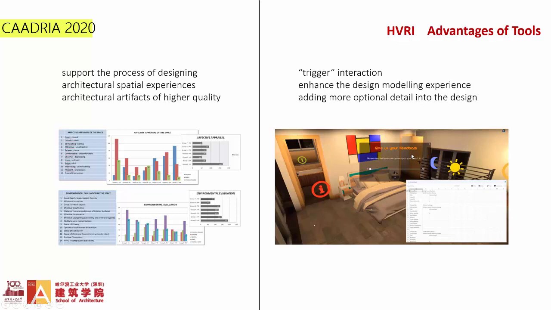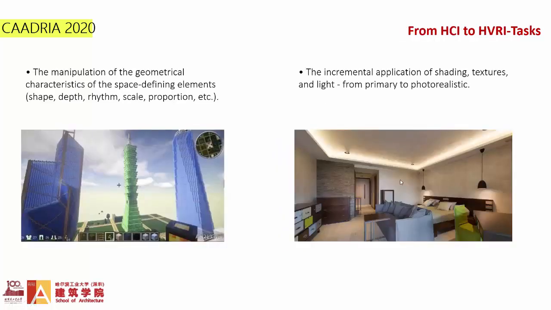And simple trigger interactions could further enhance the design modeling experience by adding more optional details in the design, like changing the daylight, opening up the doors, having interactive architectural components, and even various weather and sound can be added into the virtual reality.